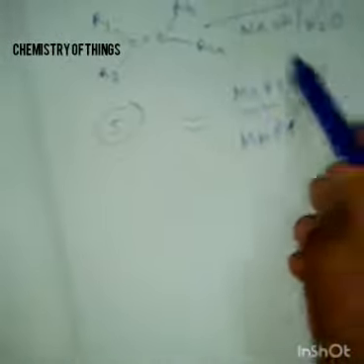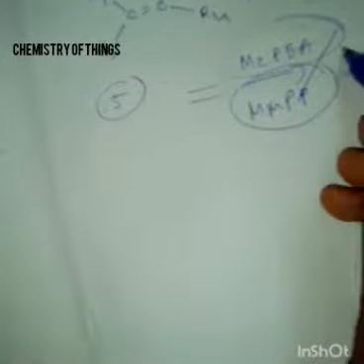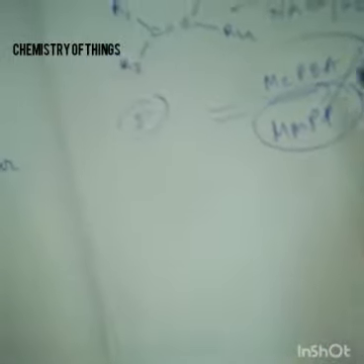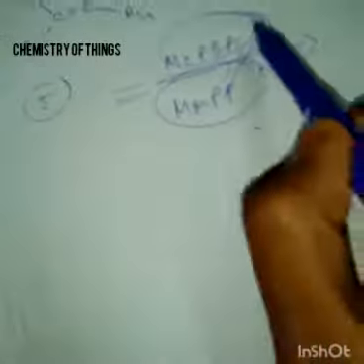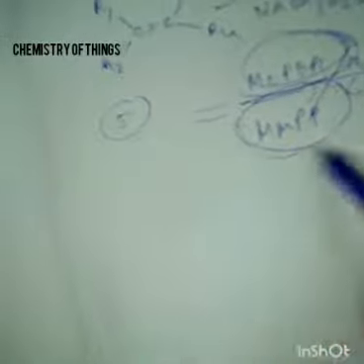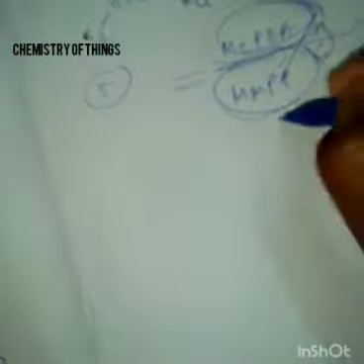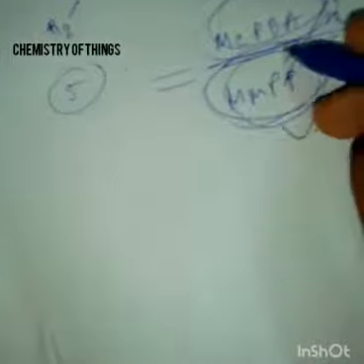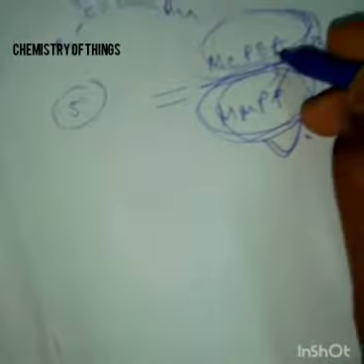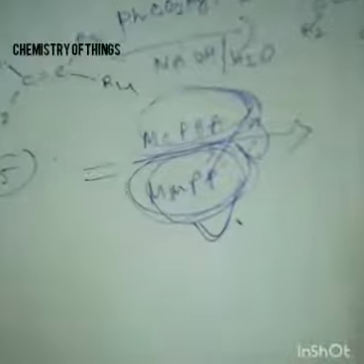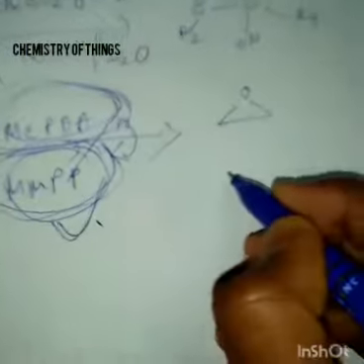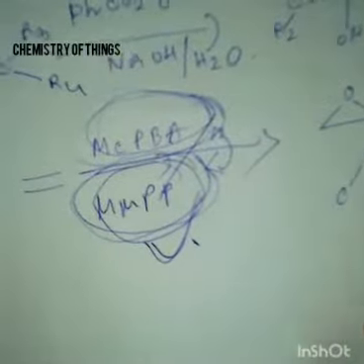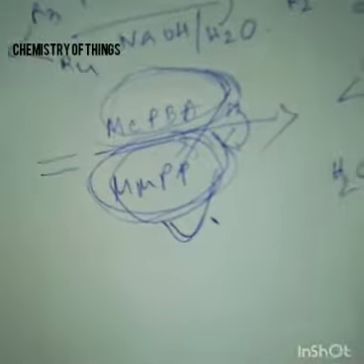I'm saying we have to use this or this, not both in combined state. Both will do the same thing. This is a chlorine based compound, and this is a magnesium based compound. Of the two, MMPP is far more stable than MCPBA. So this will be doing like this, that is, if I draw the structure of it, it will be something like this.